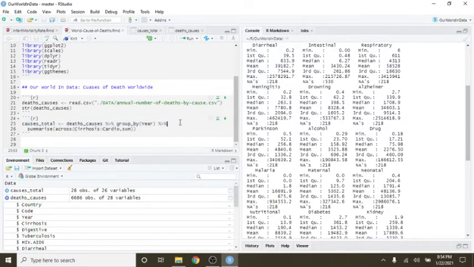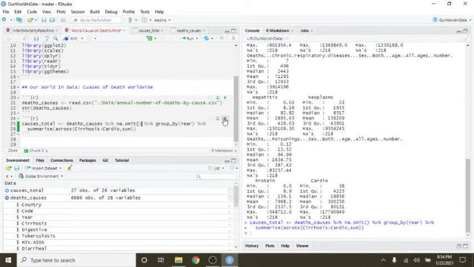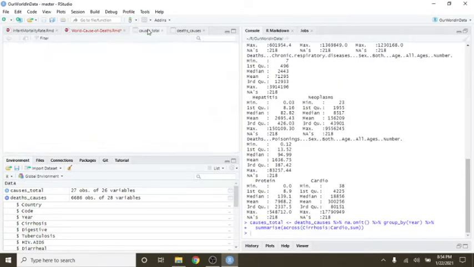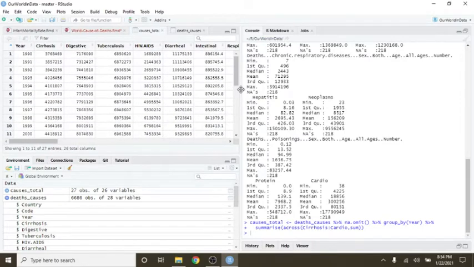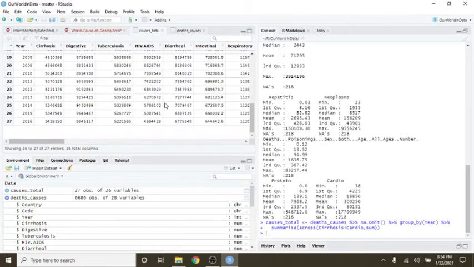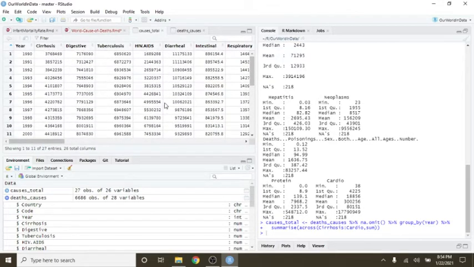What happens if we come up? Okay, so now we got a total.